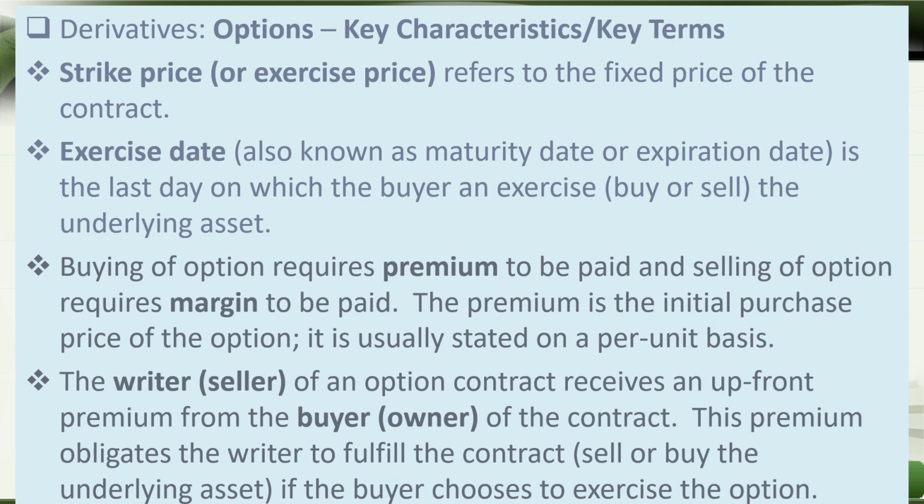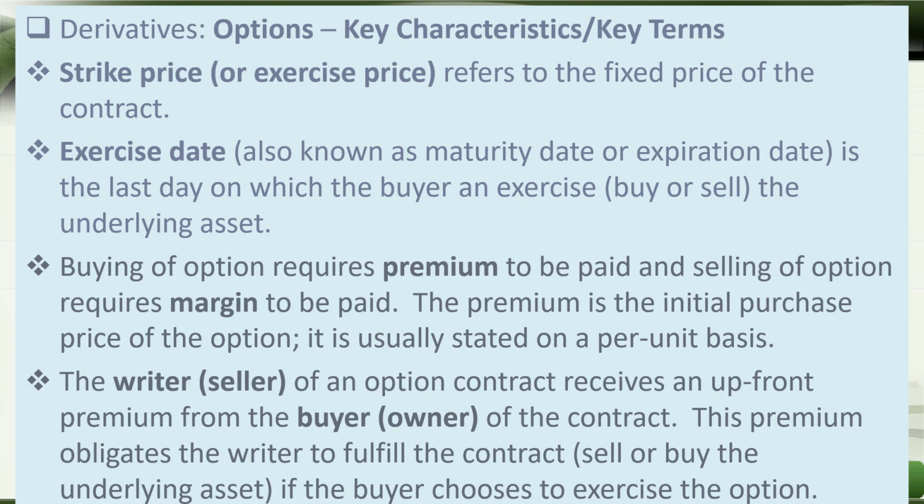And for selling an option also some margin has to be paid, because you take that profit margin for that. The premium is the initial purchase price of the option. It is usually stated on a per unit basis. For each unit, this is the price, the premium.